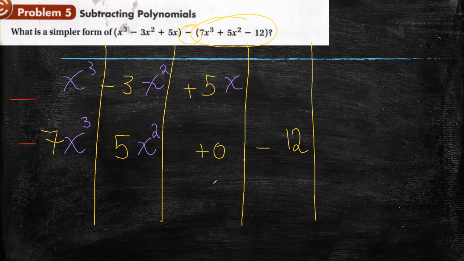I will make it negative. What is the sign of negative 12? It is negative. I will make it positive. So if they are subtracted, I will write the opposite of each sign. After I write the opposite of each sign, I will make the minus to be plus.